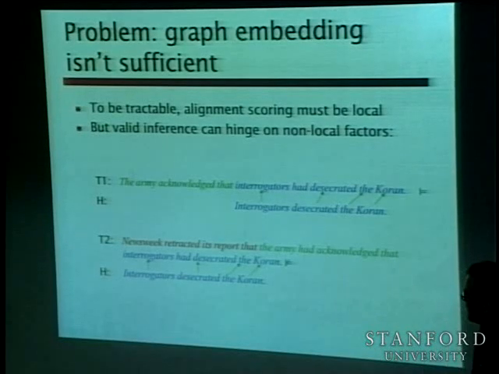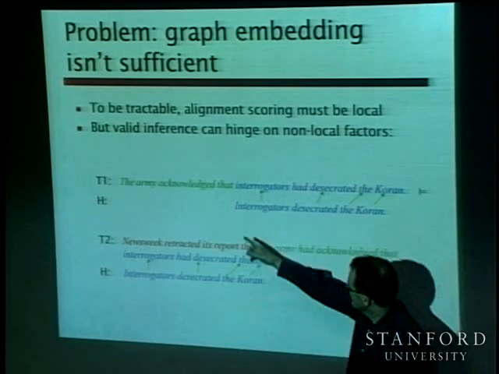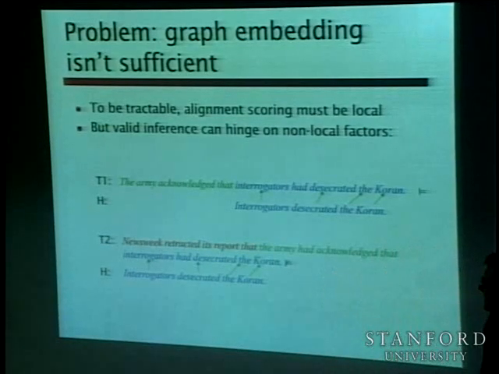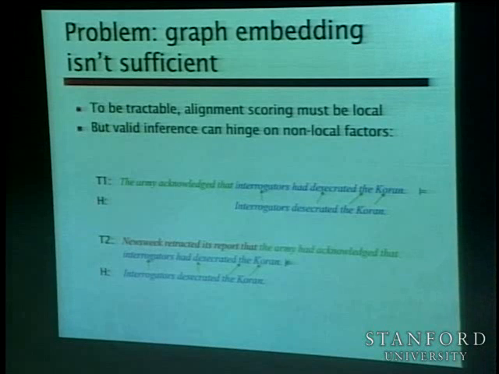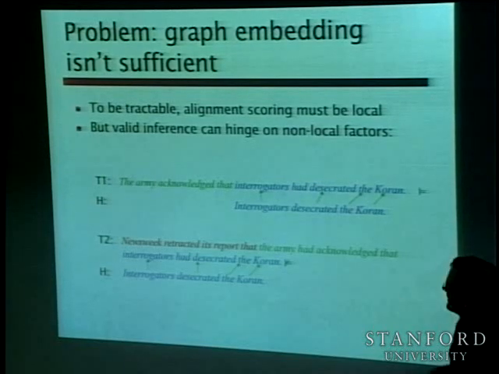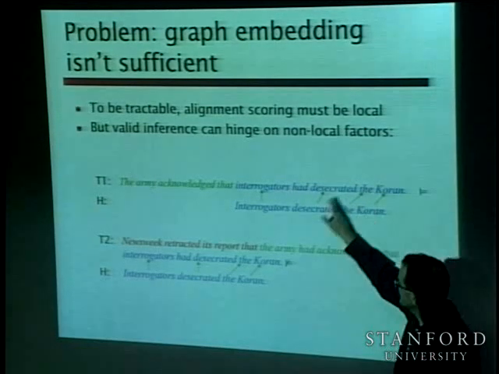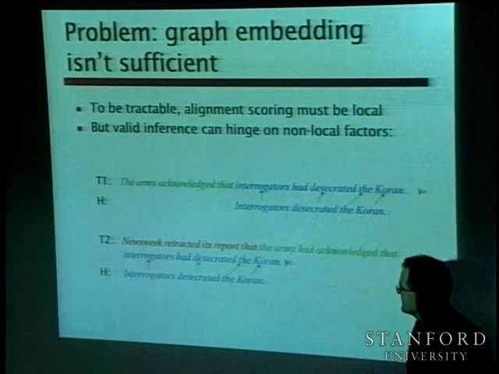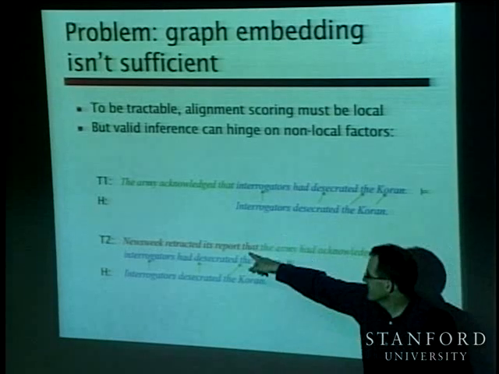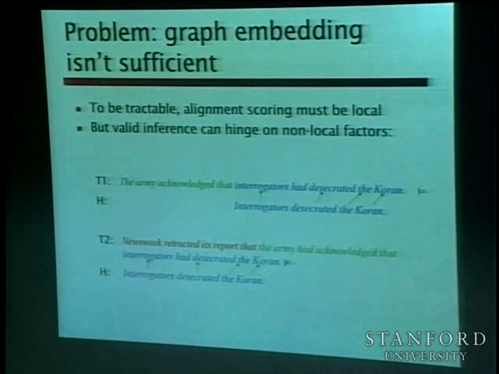But then what happens as soon as this word gets changed and it's the army denied that interrogators had desecrated the Quran? Well, I guess it depends on your trust in believing the army. But then you shouldn't be getting the right conclusion. And so just having a perfect alignment of a subgraph isn't enough to guarantee that you're getting the answer right. And that can then even continue into higher-level things.